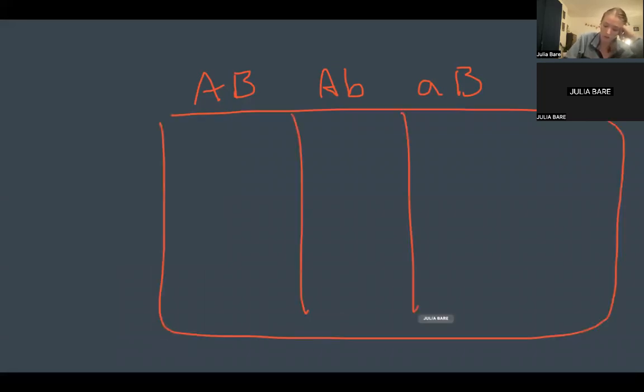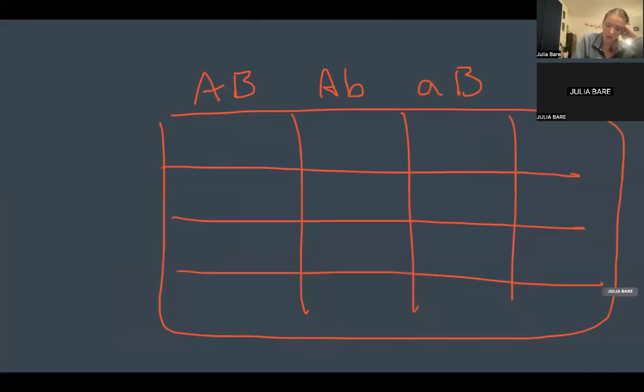So we're going to take big A, big B, big A, little b, little a, big B, and little a, little b. We're going to do a dihybrid cross, okay? And we're going to combine these gametes with the same gametes because they are both heterozygous.